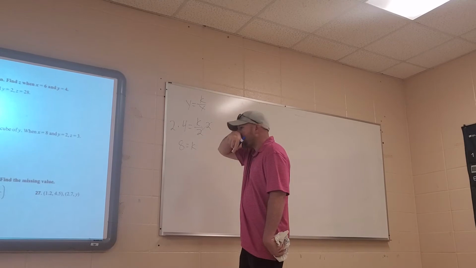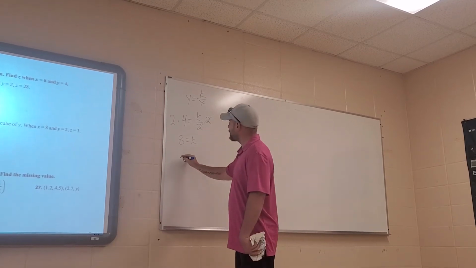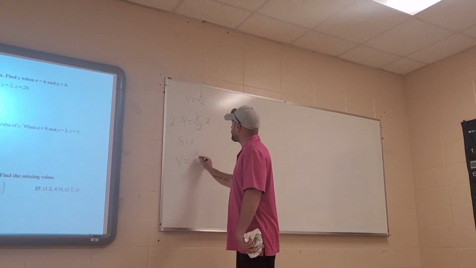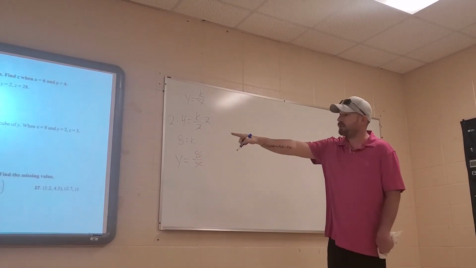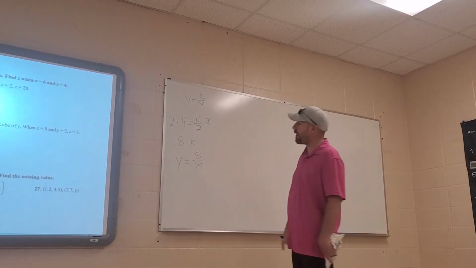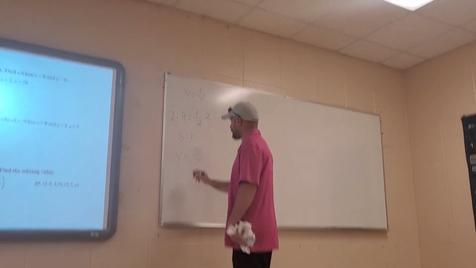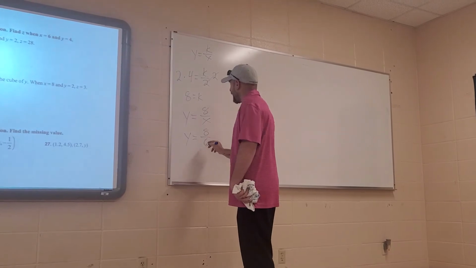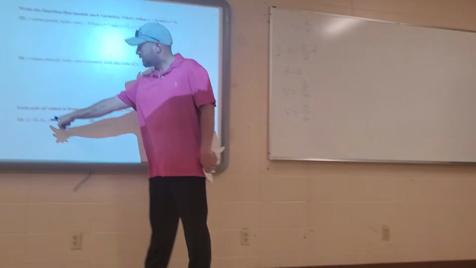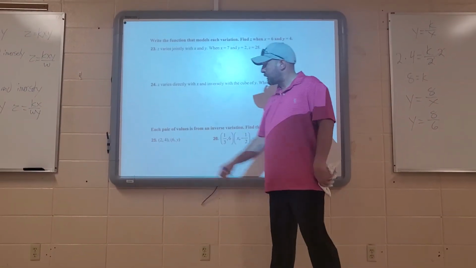So then now what you do is you go, okay, so then the formula would be y equals 8 over x. And so now you come here and you say, okay, well I want to know y, but I know x. So y equals 8 over 6. And that 6 comes from right there.